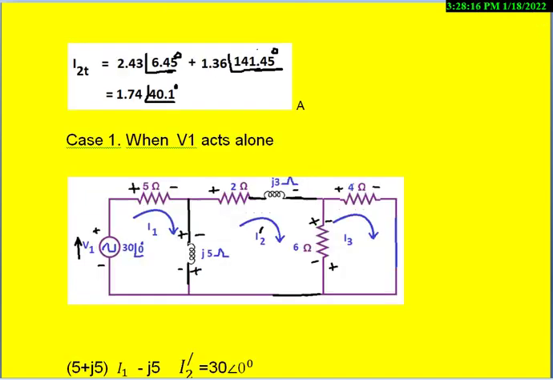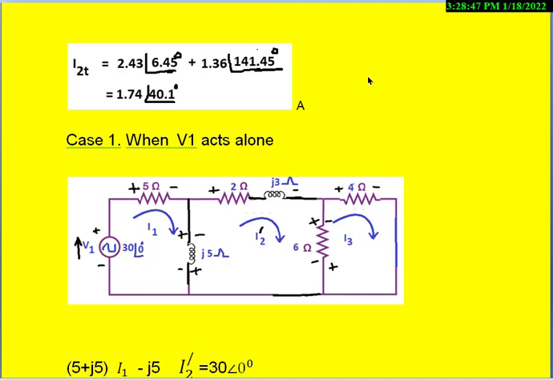So let me summarize once. We have seen the definition and the application of the superposition theorem, and we have also seen its limitation. The current flowing through the 2 plus J3 ohms is 1.74 at an angle of 40.1 degrees, which we calculated initially with the help of the loop method.